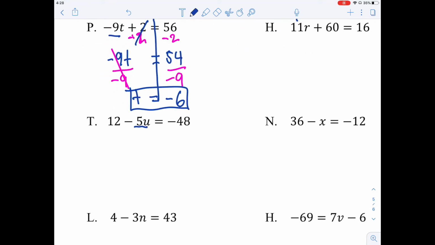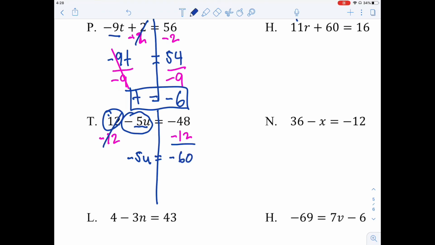So here's our variable on the left side. We want to get rid of the constant, 12. So we do the opposite. It's positive 12, so we minus 12 from both sides. Here's our middle. That's going to cancel. Bring down what's left. So we get negative 5u equals negative 48 minus 12, which is negative 60.